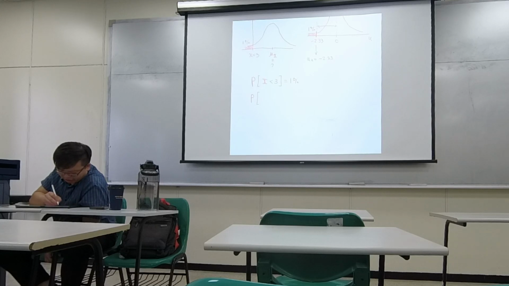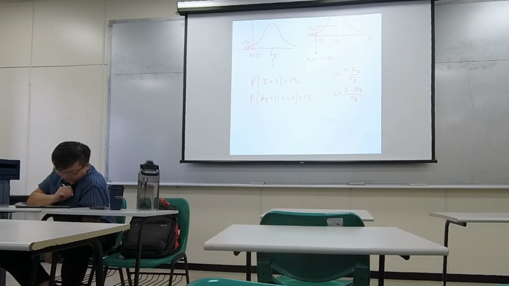x can be rewritten as u equals x minus mu x over sigma x. So x can be rewritten as mu x plus u times sigma, smaller than 3, equals 1%.